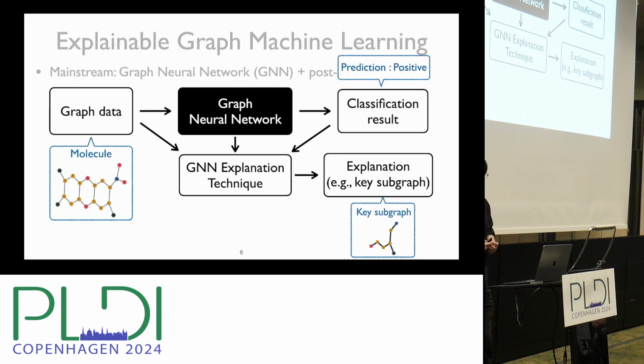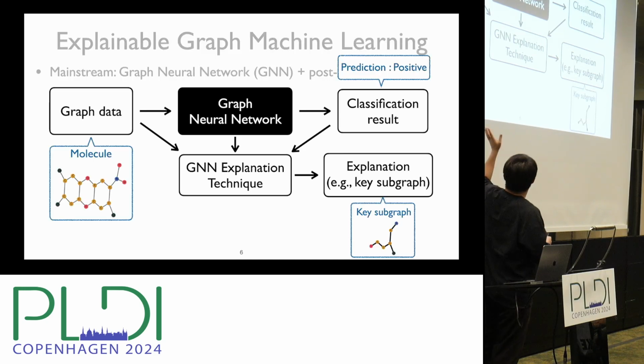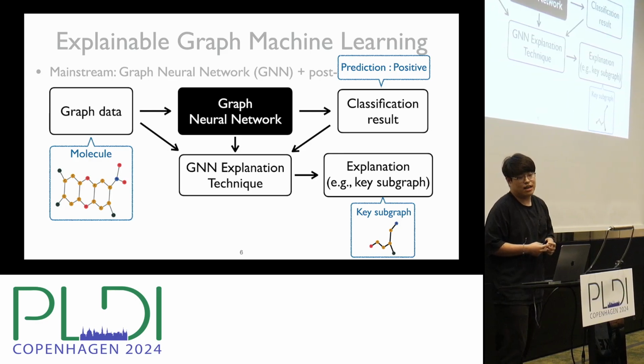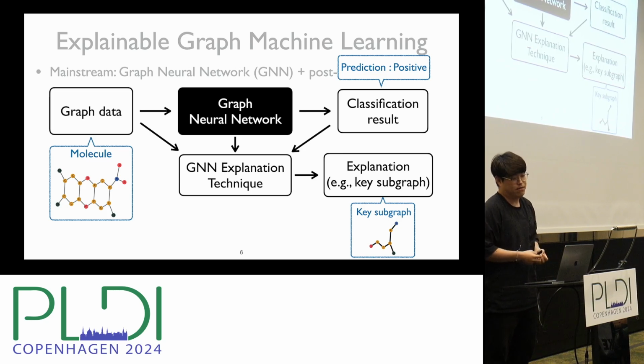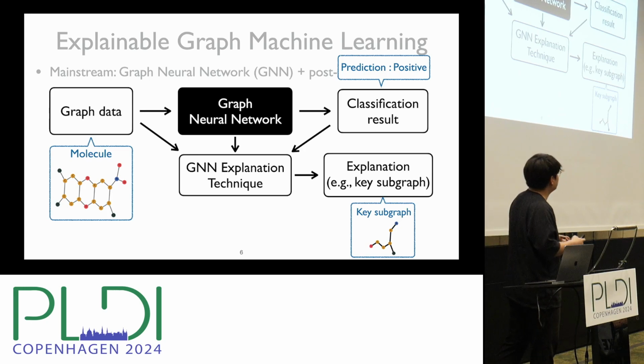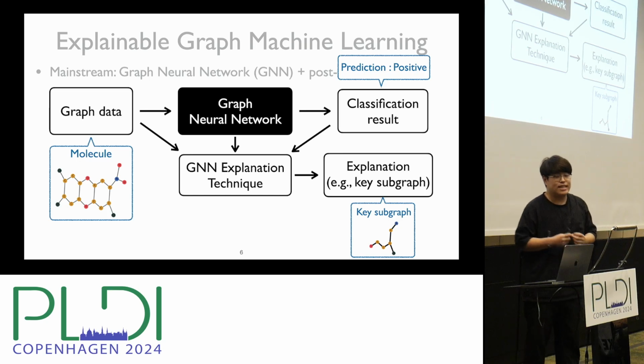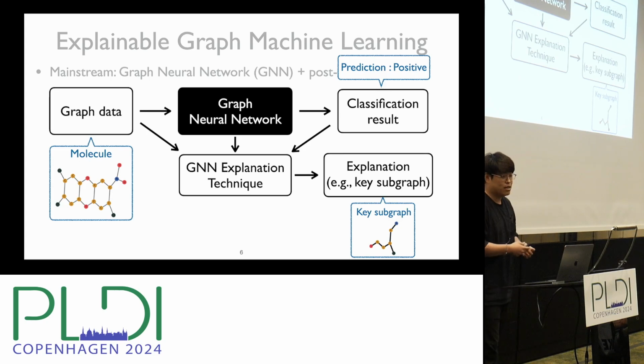For example, let's say this molecular graph data is given, and the GNN predicts that the chemical reaction is positive. Then the GNN explanation technique provides a subgraph explanation like this. And this subgraph is saying this graph pattern is the key reason why the model made the prediction.